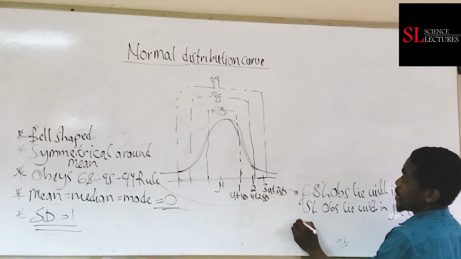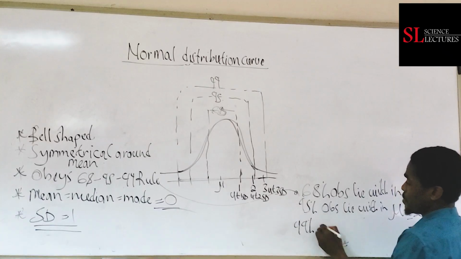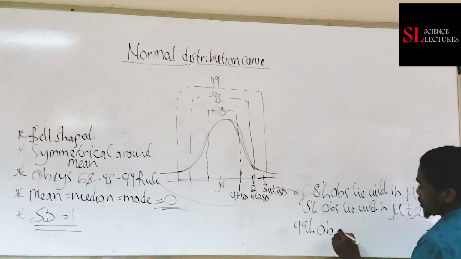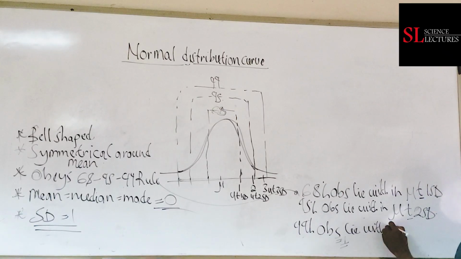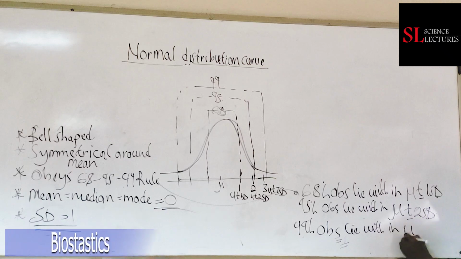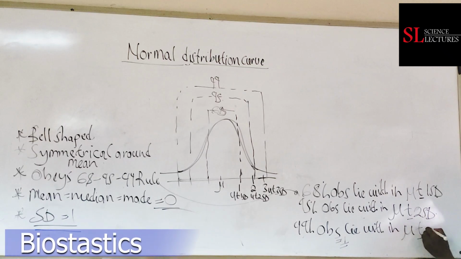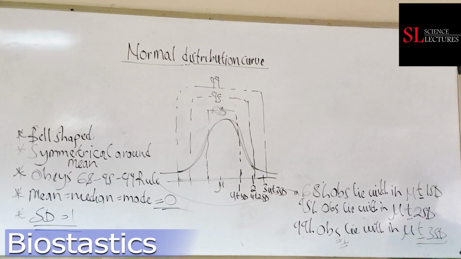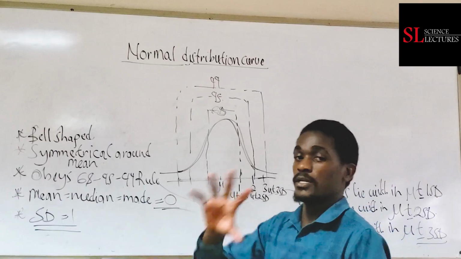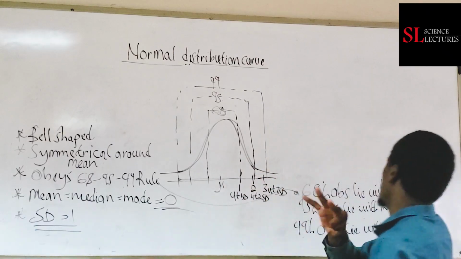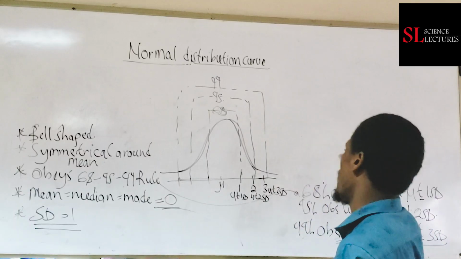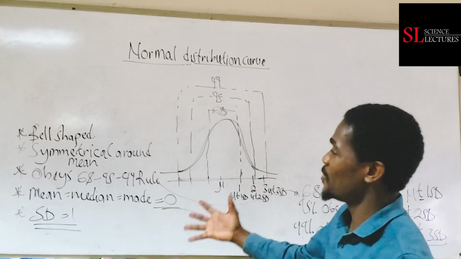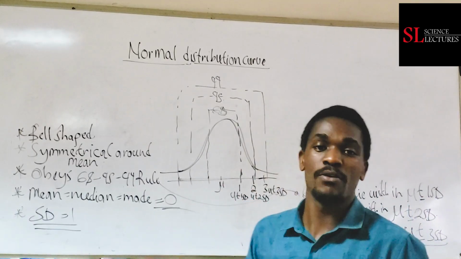Then finally, the 99% of objects lie within mu plus or minus 3 standard deviations. In other words, this curve is divided into 3 major standard deviations as we are seeing. So that is the difference between the standardized normal distribution curve and the normal distribution curve.